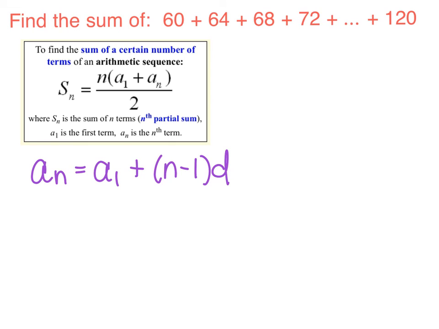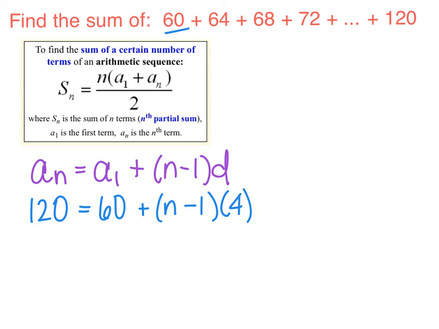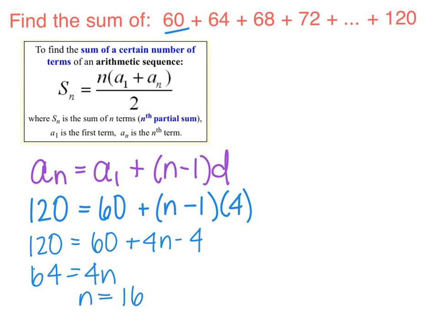I'm going to use 120 because this is the last term in this sequence here. So I'm going to plug in the numbers that I have. And 60 is going to be my first term there. And I don't know n, but I know my common difference to be 4. So let's figure this out. When I work that all out, I get 16 for n, which means that there are 16 total terms here.